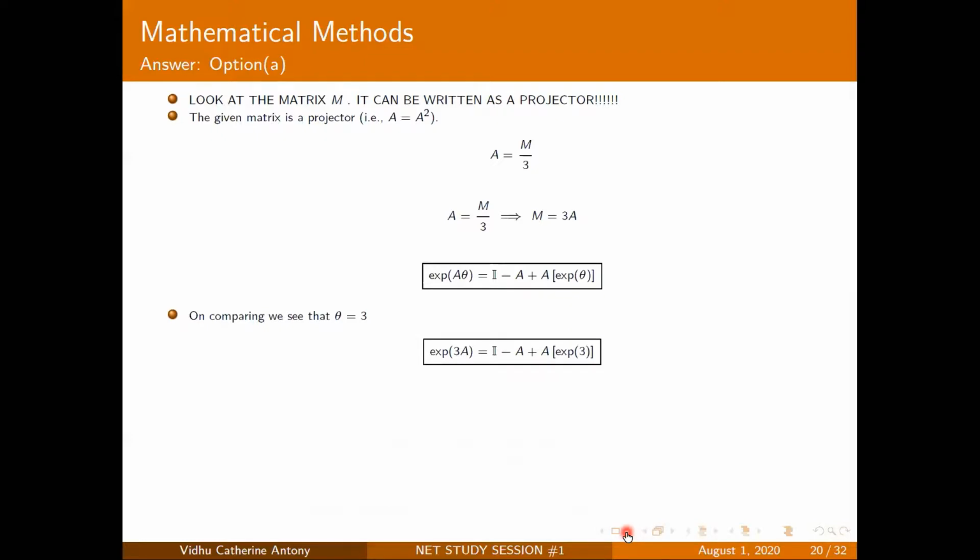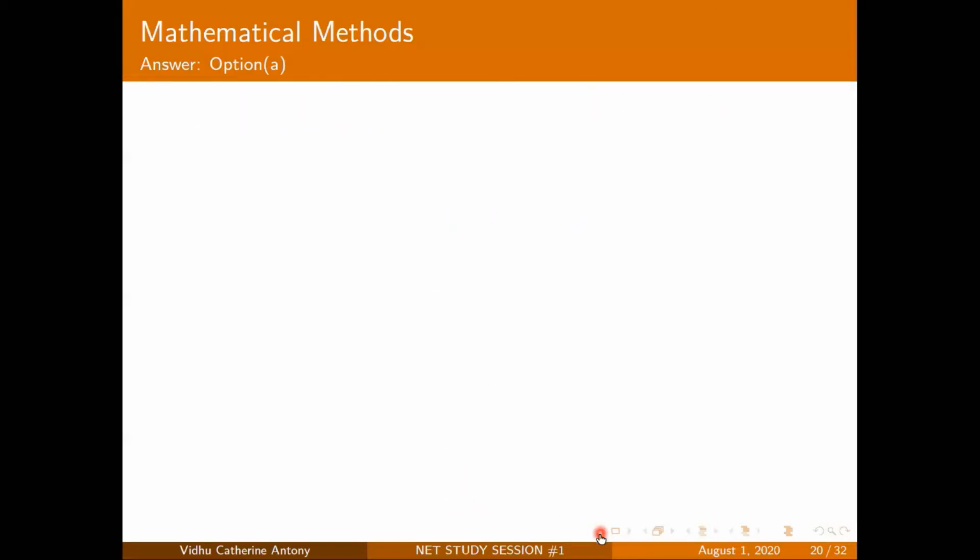So you substitute 3 instead of theta, and you compute your exponential of M, because 3A is M. Instead of A, you substitute in terms of the matrix that is given to you, M by 3. So that's the final answer. It's option A.